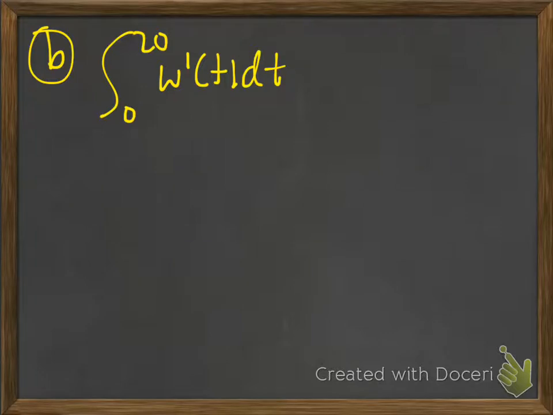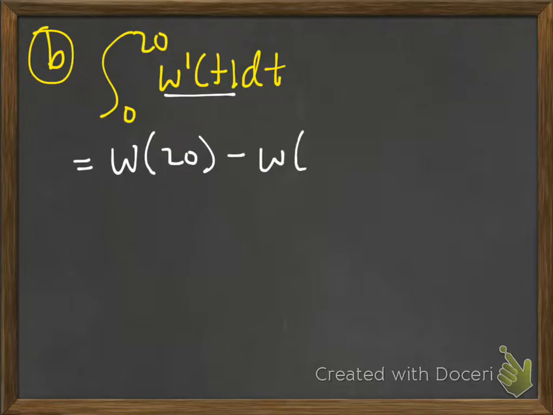Well, we don't really have anything in regards to W(t), but if we think back to the fundamental theorem of calculus, we know that the antiderivative of W prime is W. When we use the second part of the fundamental theorem of calculus, we take our antiderivative and evaluate that at the upper limit, and we subtract from that the antiderivative evaluated at the lower limit. And we know that W(20) is given to us, and that's 71. W at 0 is 55, and that gives us 16.